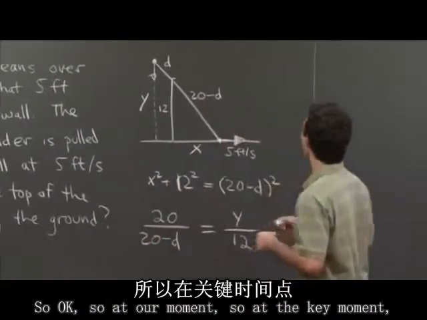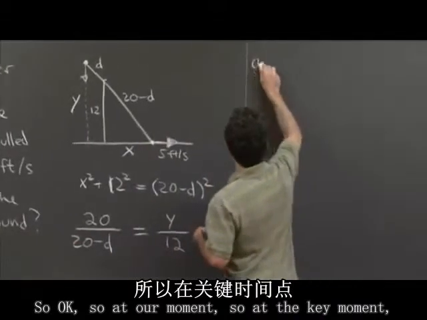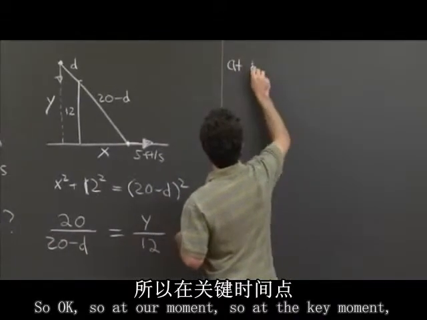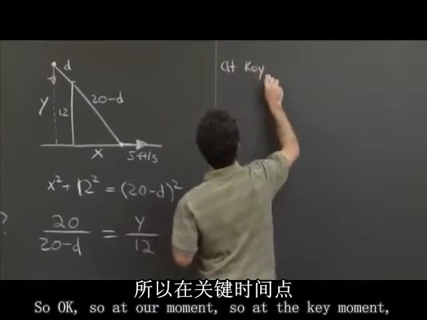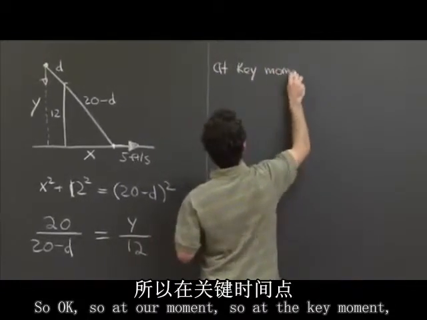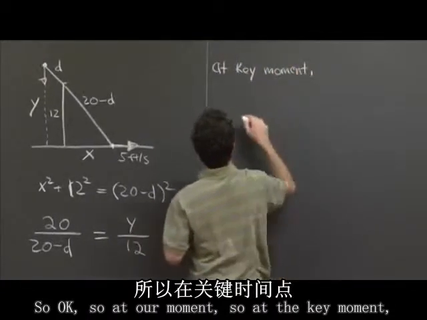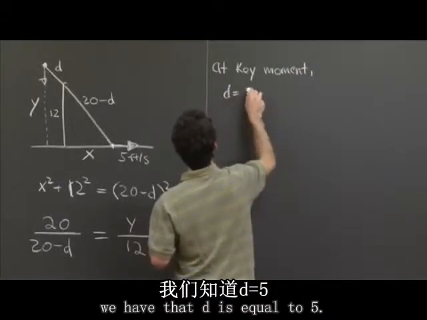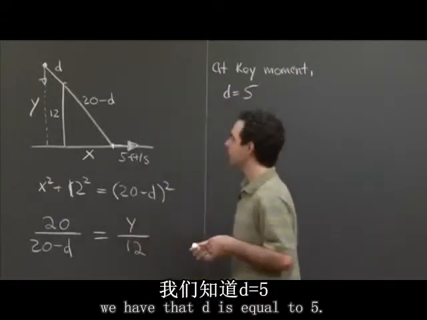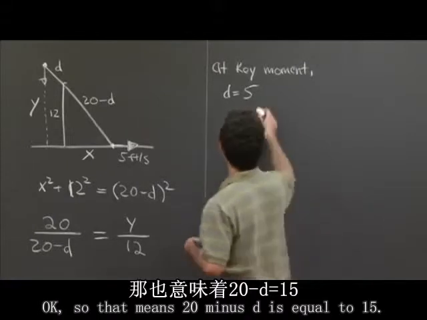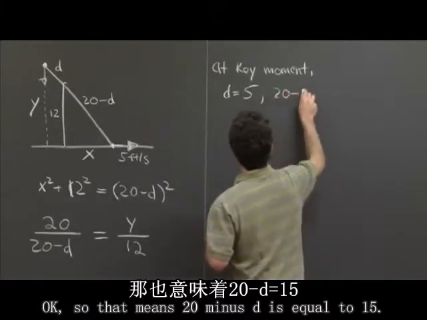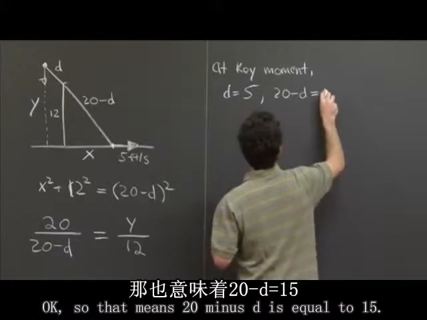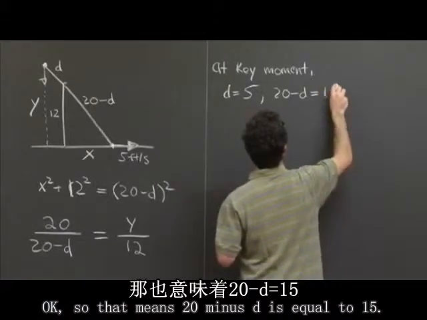So at our key moment, we have that d is equal to 5. Okay, so that means 20 minus d is equal to 15.